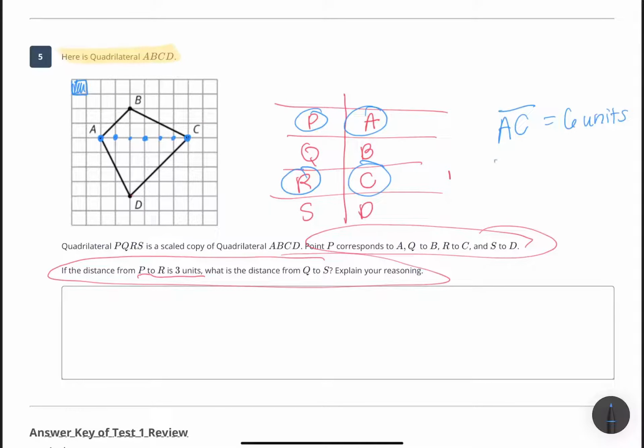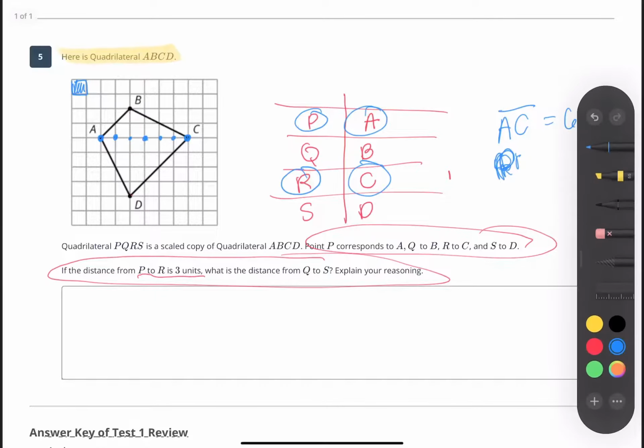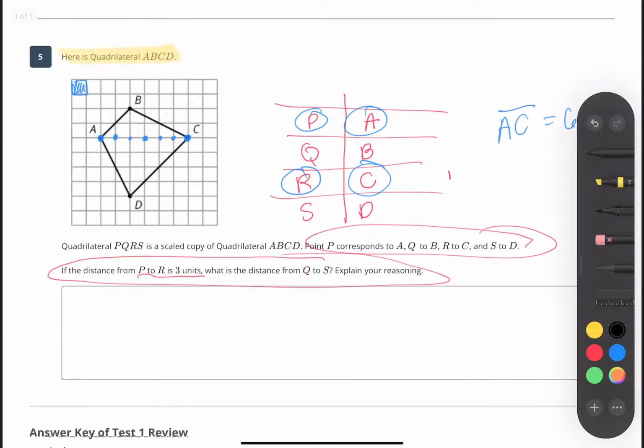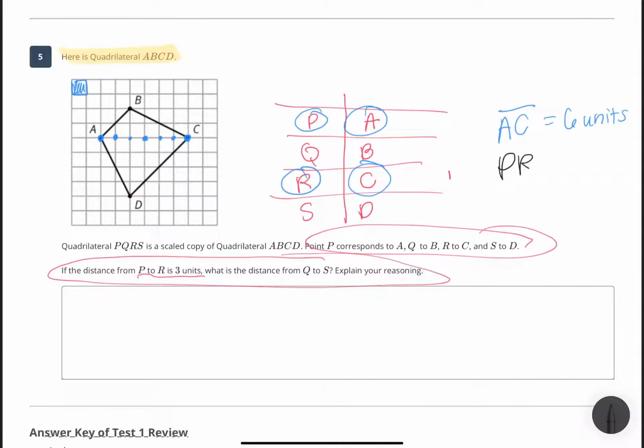Which means P to R is 3 units. If they're saying all the points correspond to each other, we can assume these quadrilaterals are scale copies of each other.